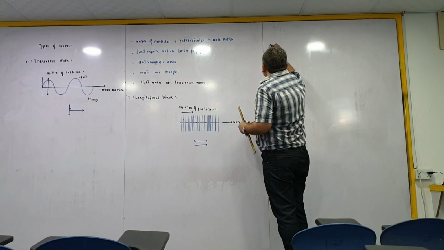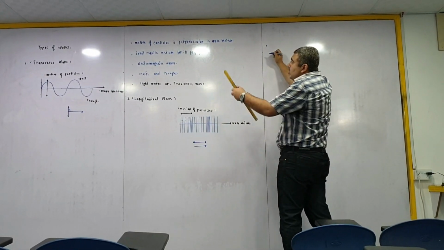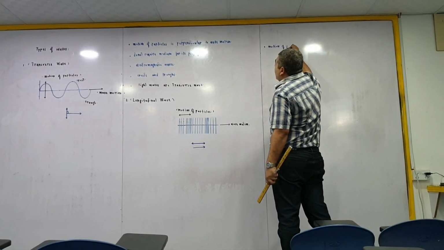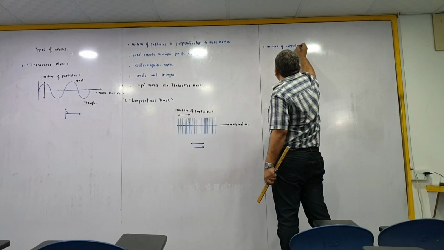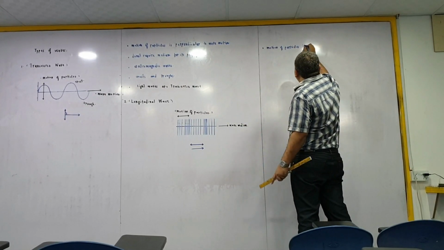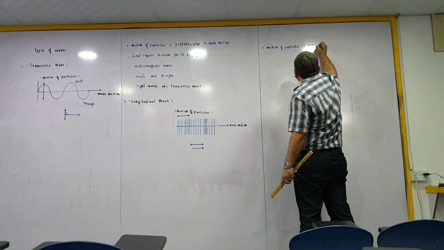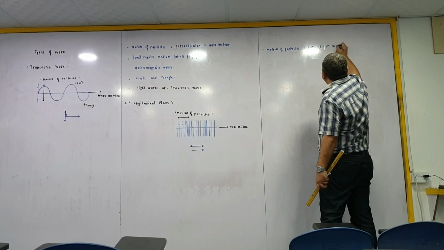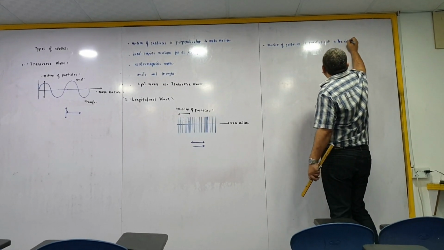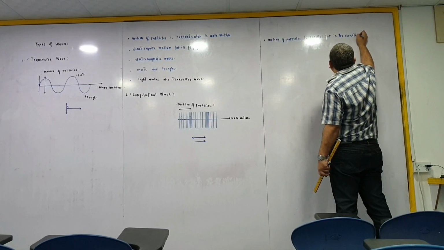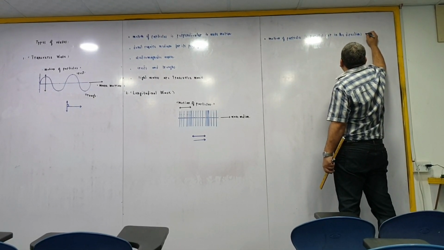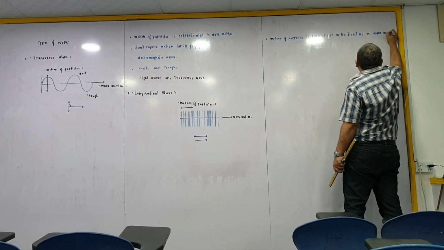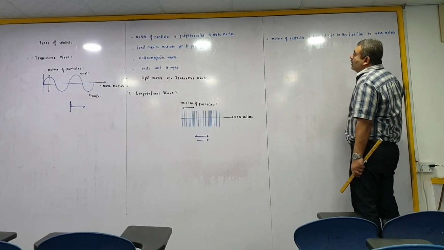So if I start defining what actually a longitudinal wave is: if the motion of particles is parallel or in the direction to wave motion, then the wave is called a longitudinal wave.